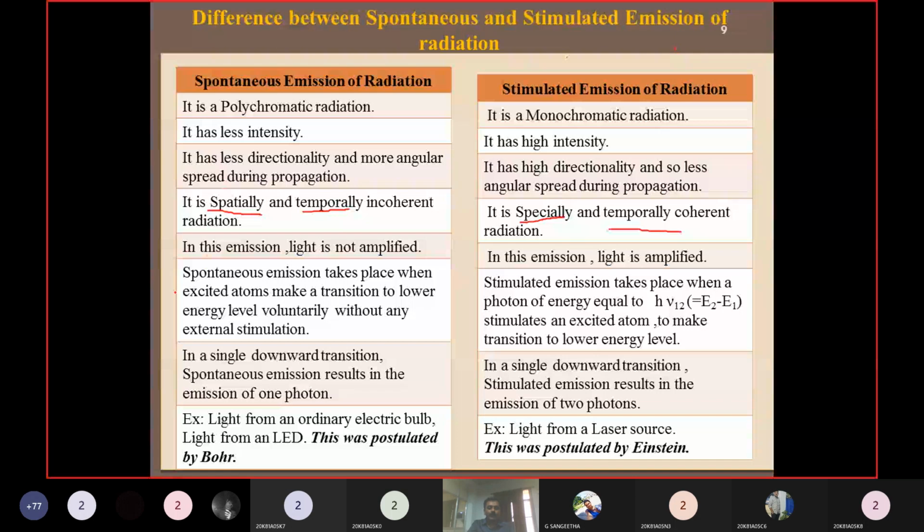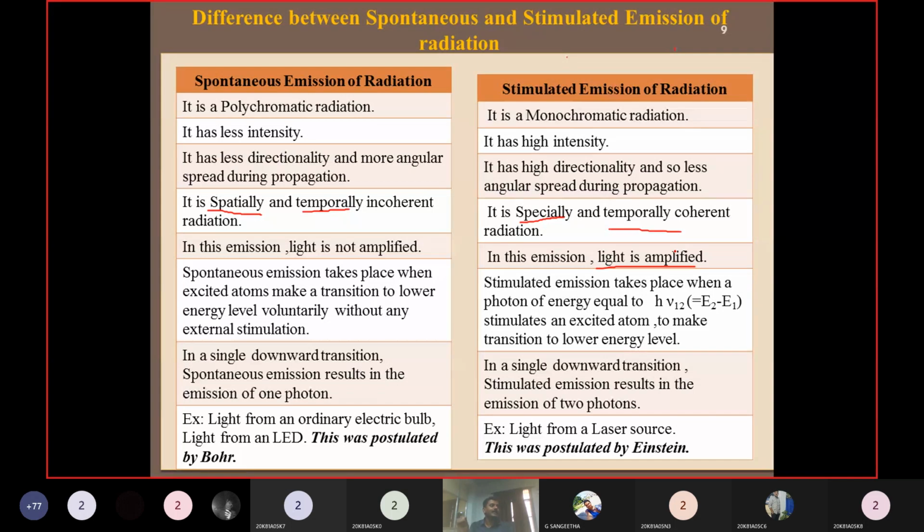Now, in spontaneous emission, light is not amplified. But in laser action, by stimulated emission, light is amplified. We will discuss how light is amplified. We will discuss the different types of lasers, such as the CO2 laser and many others, and how, by using an optical resonator, the light signals are amplified in the stimulated emission process.